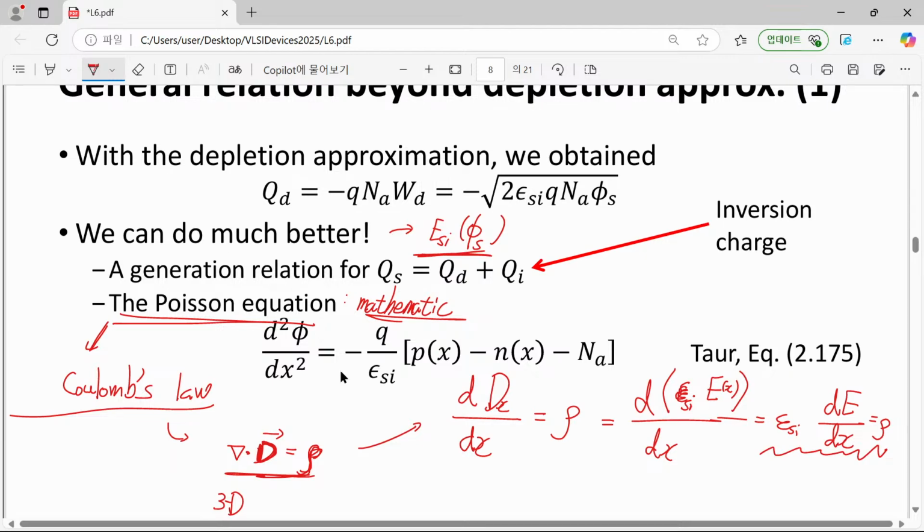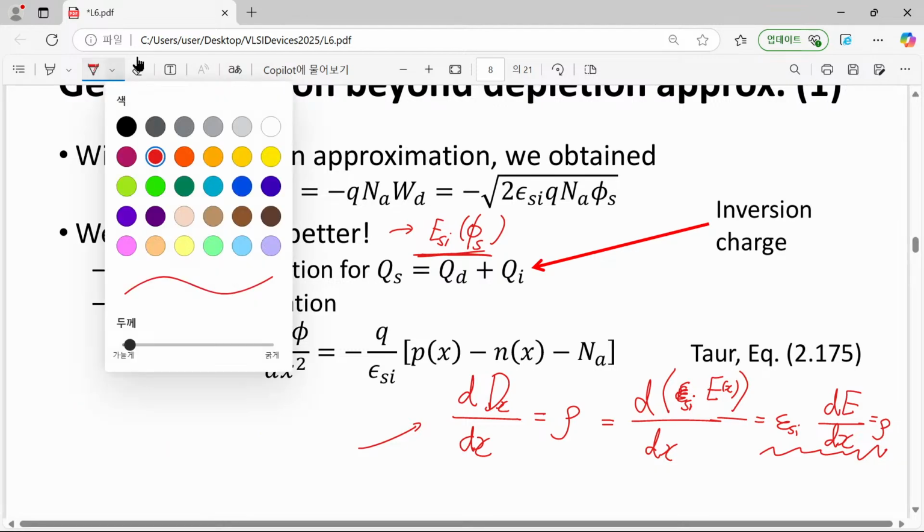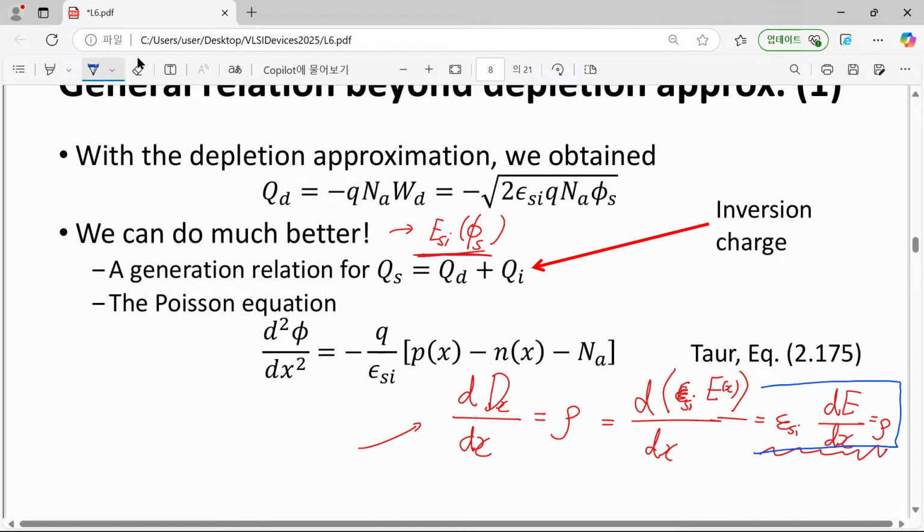Then why do we have a little bit strange form here, although this is the form we have derived up to now? Let me just give you a further manipulation. We have the x-directional electric field, which is given as minus d phi over dx.